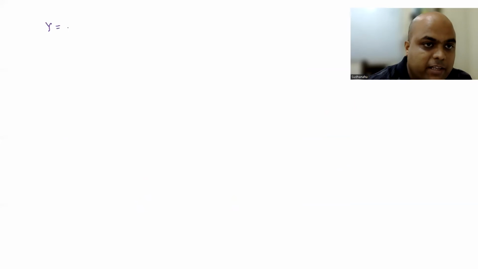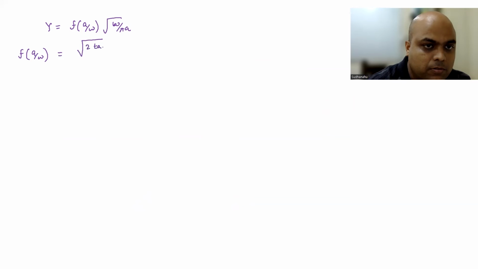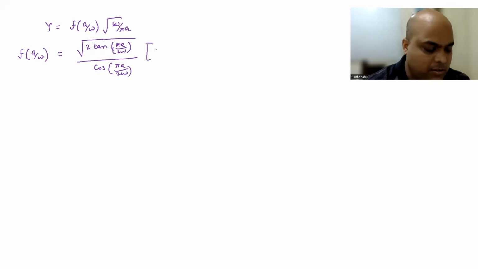We know Y equals F(a/W) root W by pi. The general equation for SENT for F(a/W) is root of tan(pi a by 2W) divided by cos(pi a by 2W), and then the expression for a by W.